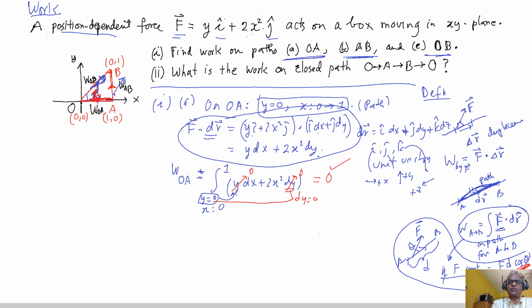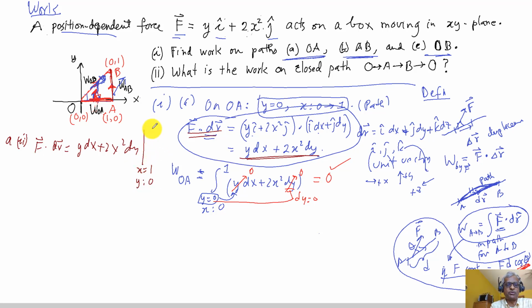So let's look at the other part. I'm going to go from A to B, and F dot dr is still y dx plus 2x squared dy, but the path is x equal to 1 and y goes from 0 to 1.